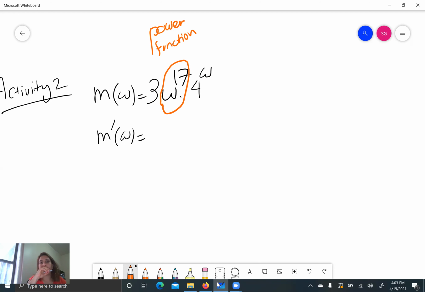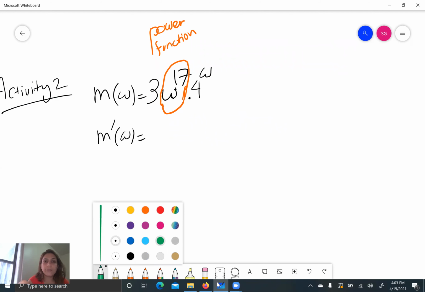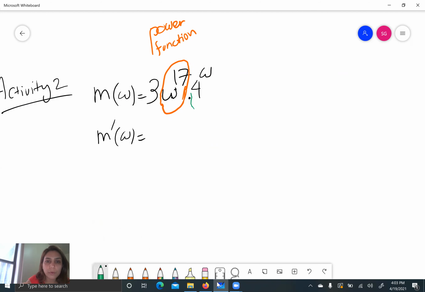And then this is w, multiplied by 4 to the w. What is 4 to the w? The number 4 to the power of, the power now is the input variable.